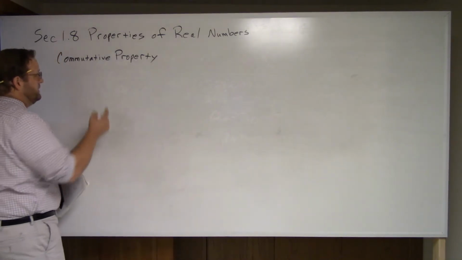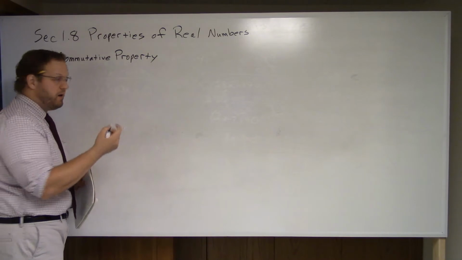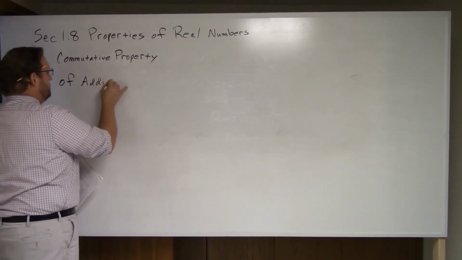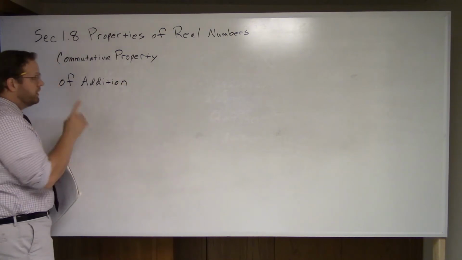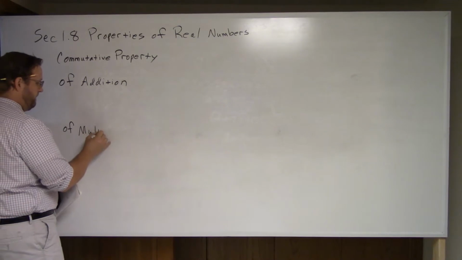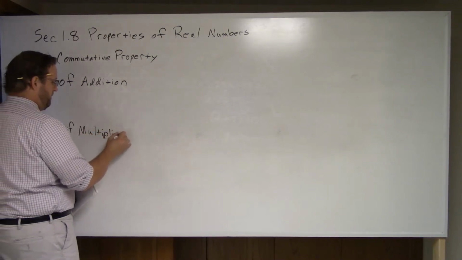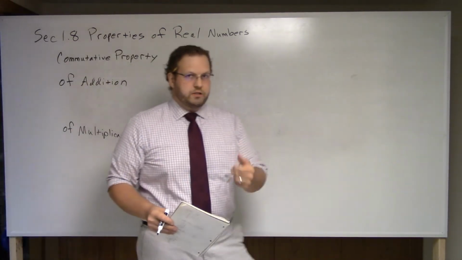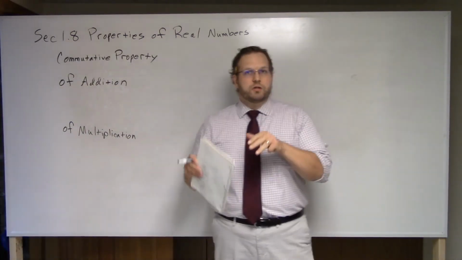What I mean by that is we would say commutative property of addition or commutative property of multiplication. Okay? Now, the other two operations, subtraction and division, those are not commutative.